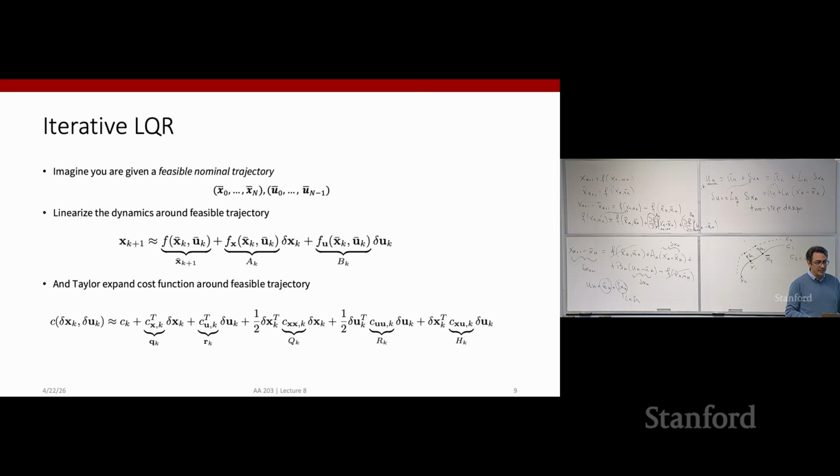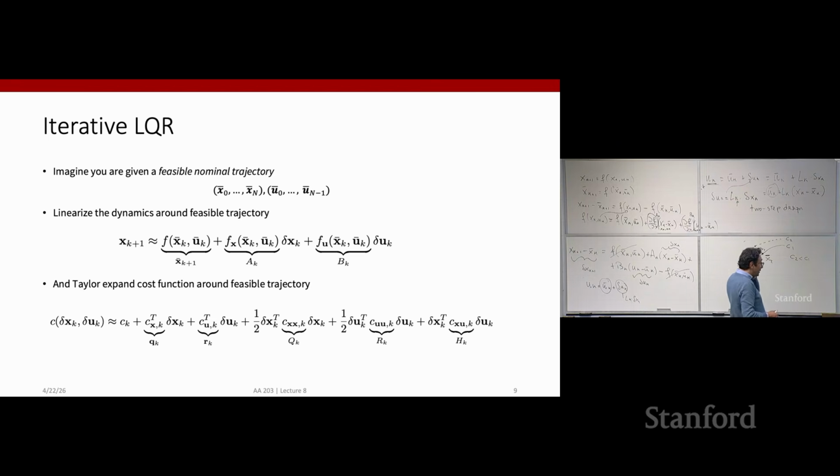It might be coming from SCP, for example. Here, I'm going to derive a new method to come up with a nominal trajectory. And then you will use LQR to track it. So that's a little bit confusing part that you shouldn't be tripped by. That's right. So for now, we are shifting gears. We're not talking about tracking. Now we're talking about trajectory optimization.